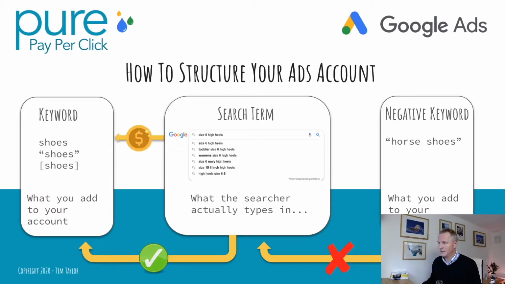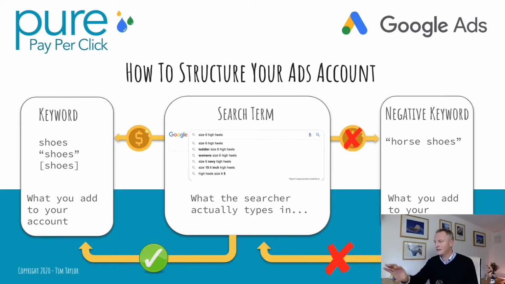Right, so as time goes on, you're going to see search terms starting to show through inside your Google Ads account, and I'll show you how to find them, how to analyze them, and how to add them to your account. But what you'll be able to see is these search terms, and you can see whether they've made a sale. And if they're working well for you, then you can add them to your keyword list. Okay, now if they're not working well for you, then looking at the other side of it, you add them to your negative keyword list so they don't trigger your ads anymore.